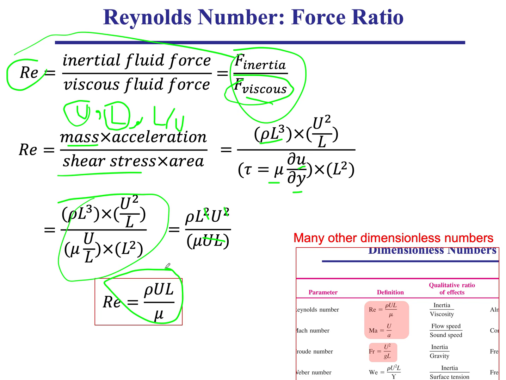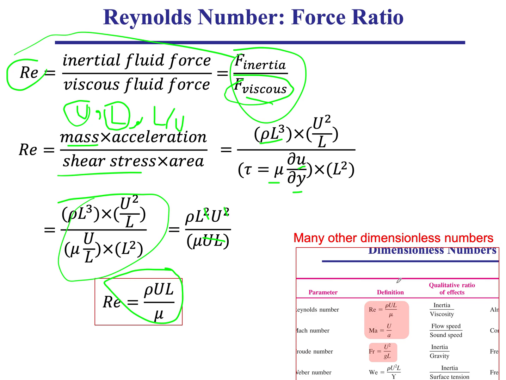You can non-dimensionalize each one of those equations, and each one of them is going to give you a dimensionless number. So in fact, in fluid mechanics, we have many other dimensionless numbers, and we will cover some of them in this lecture.